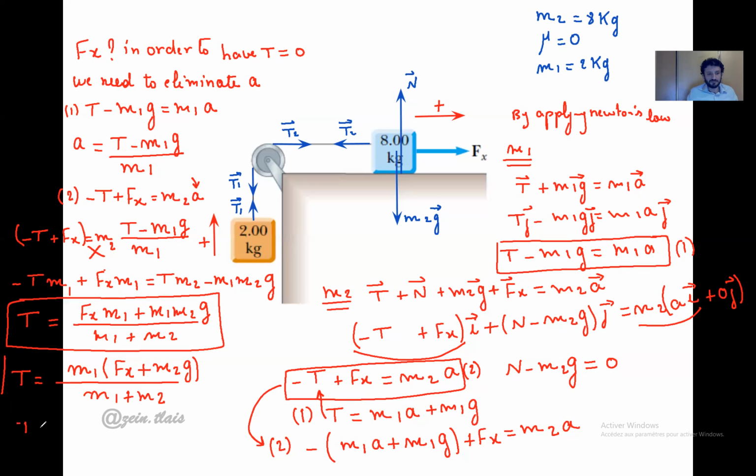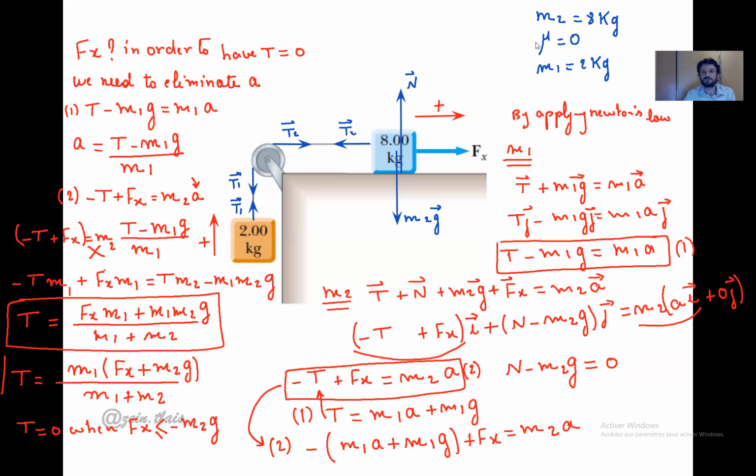So t equals 0 when fx is less than or equal to minus m2g.